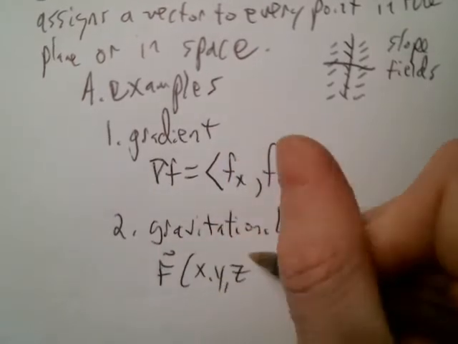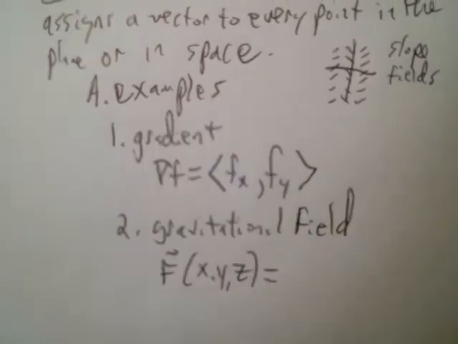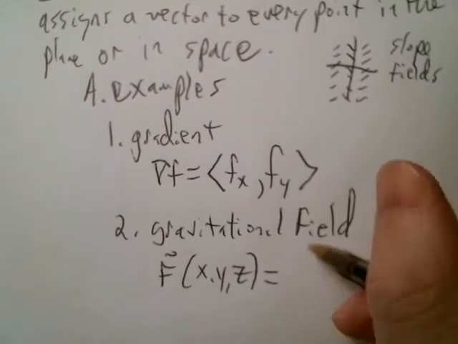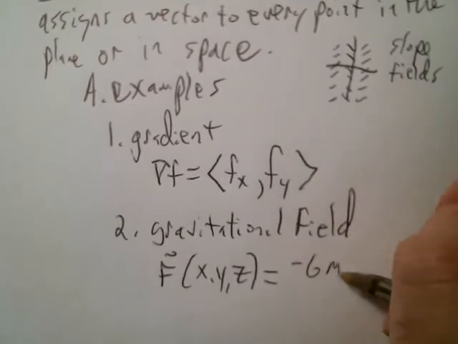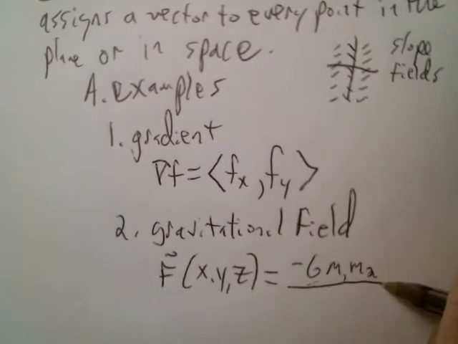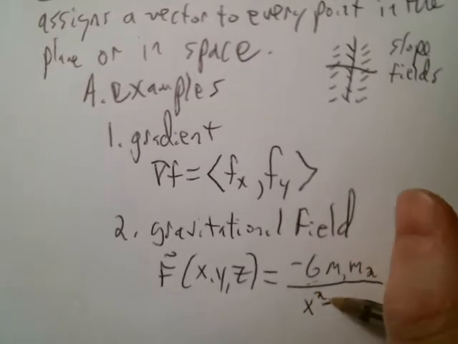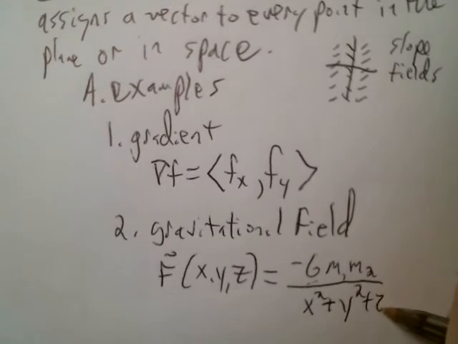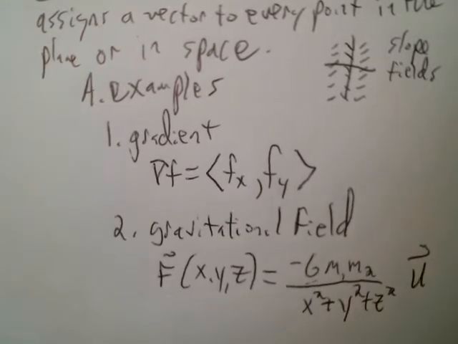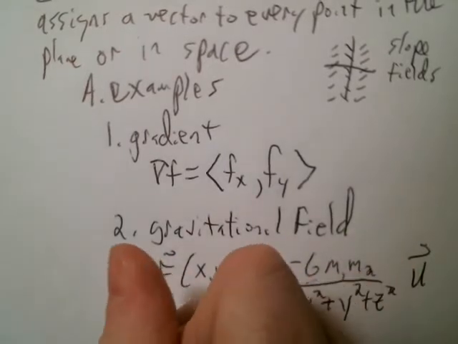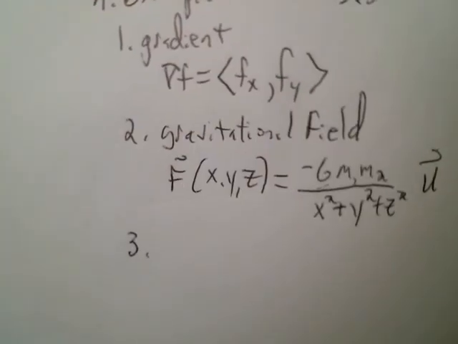You've probably seen these formulas without vectors, but now they'll have vectors involved. So negative G m1 m2 for the masses, all over the square of the distance between the objects, times this unit vector. That would be an example if you're a physics person.